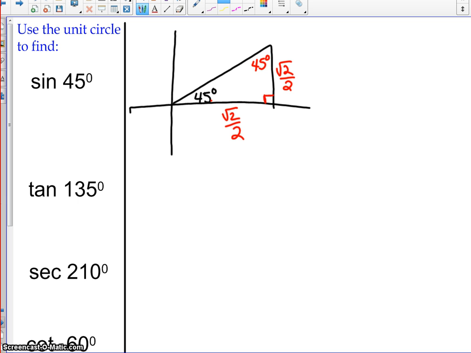Now, this problem is asking us for the sine of this. Hypotenuse is always 1 because we have a radius of 1 in this imaginary unit circle. So it's like this unit circle is here, that kind of goes all around. That's a radius of 1. Okay, so our hypotenuse is always 1.